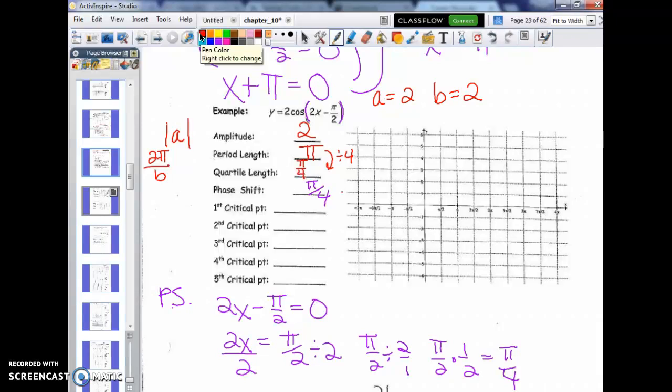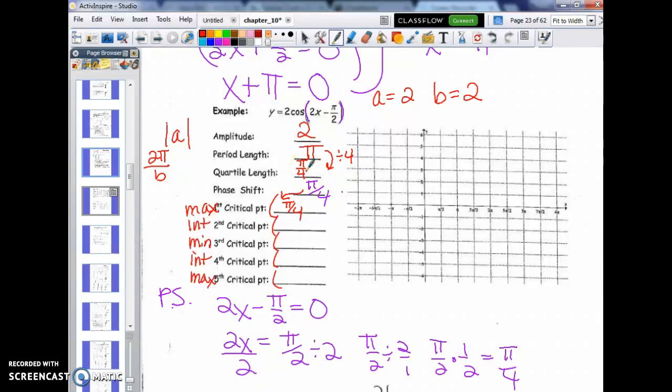Okay, so that means my graph starts at pi over 4. And I know for my cosine, my first point is the max. Then I go intercept, minimum, intercept, max. If I have pi over 4, I now take this pi over 4 from my phase shift and add another pi over 4.